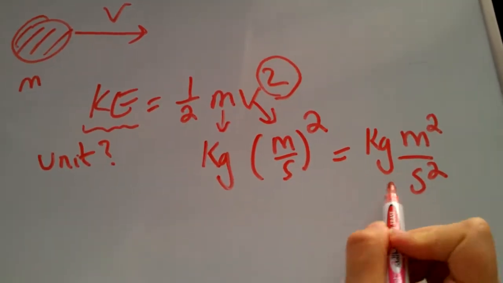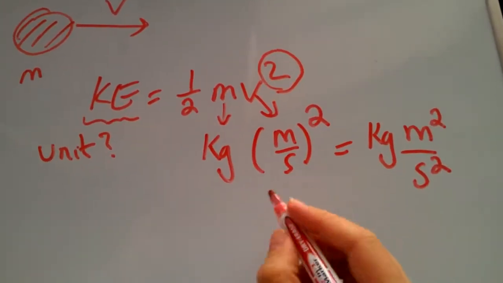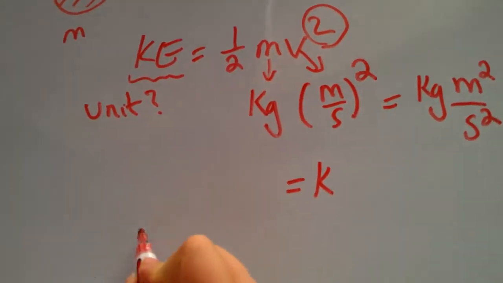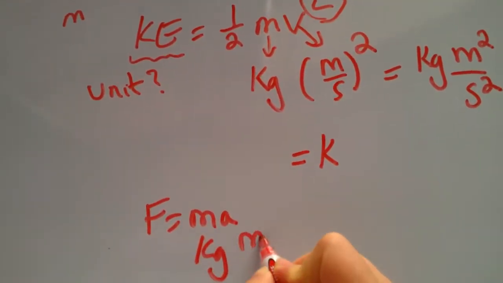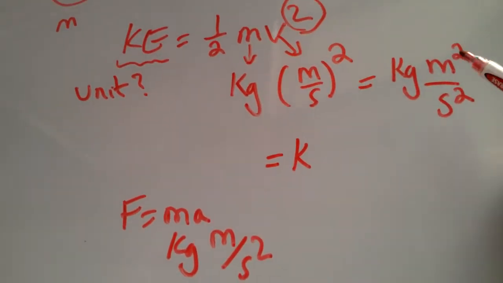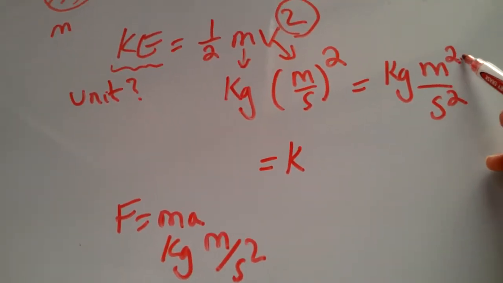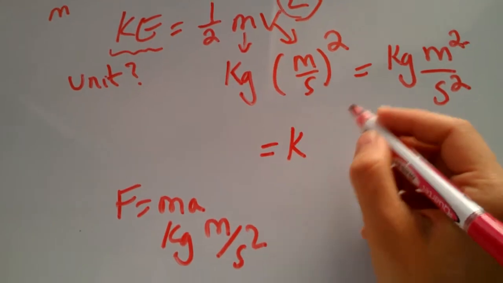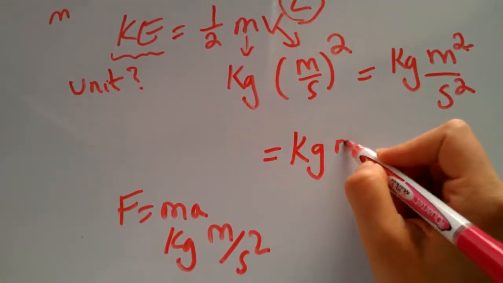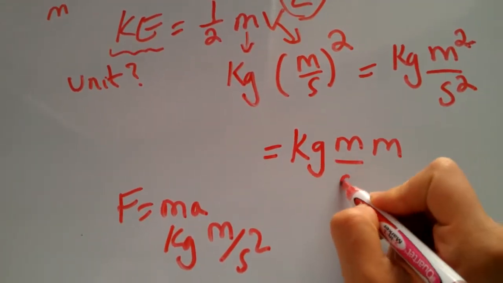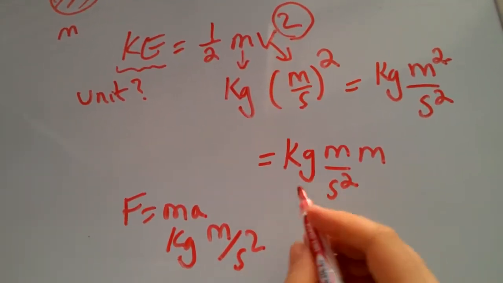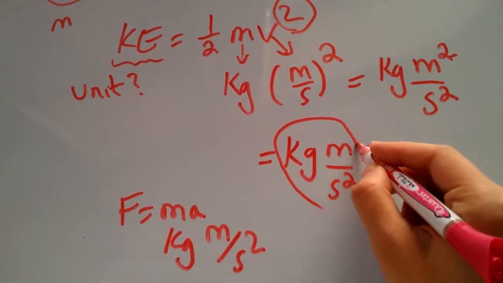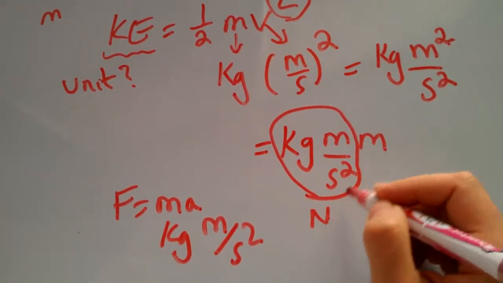This should look a little familiar, because remember what force was? It was kilograms meters per second squared. Here we have an extra factor of meters. So kilograms meters over second squared, we call this newtons, if you remember.